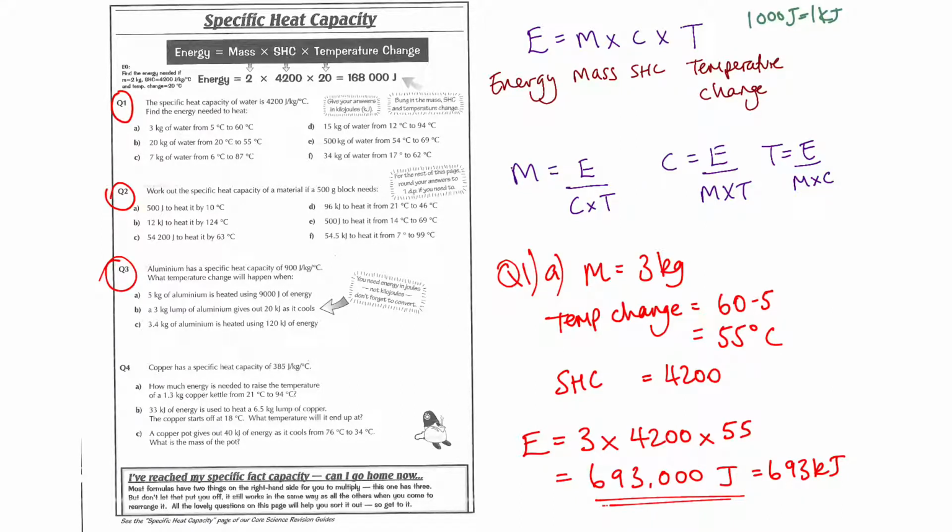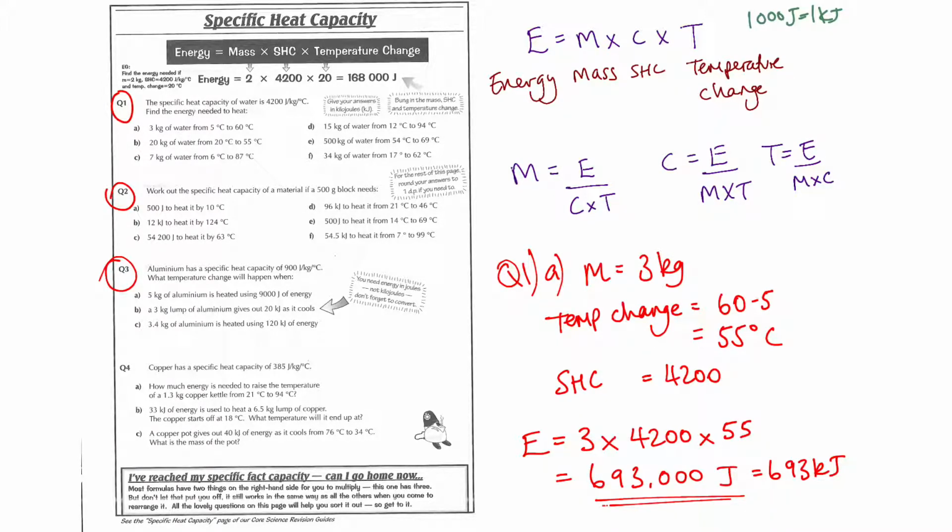And for each of the questions, it asks for a change in temperature, so you need to look for the difference between the start and the end temperature. So let's just go through question 1A together. I suggest you write down all of the unknowns, then put it into the equation and then of course find the answer.